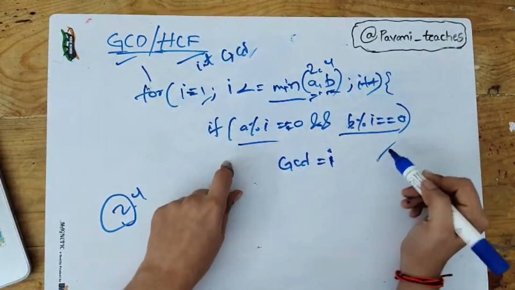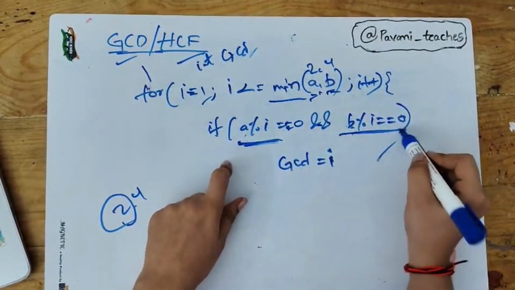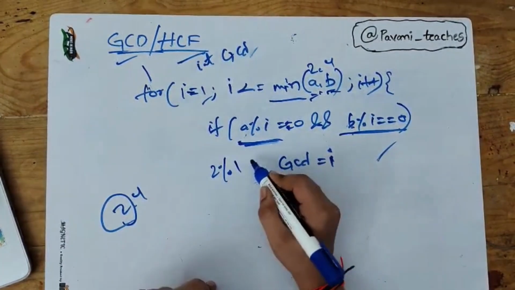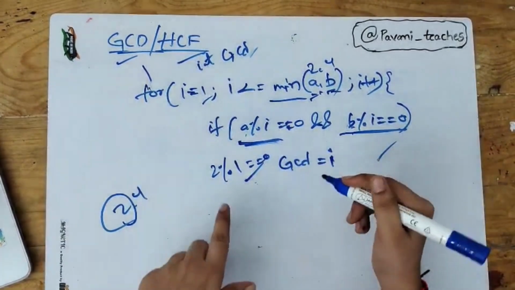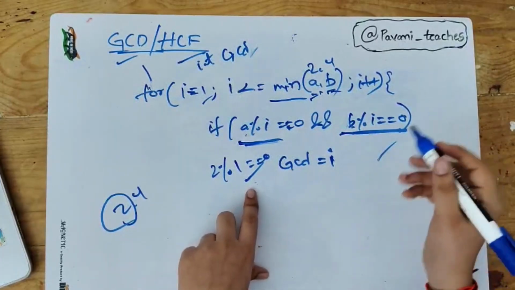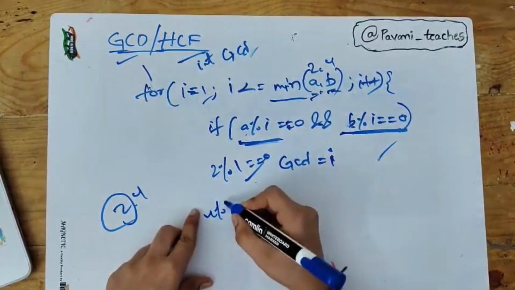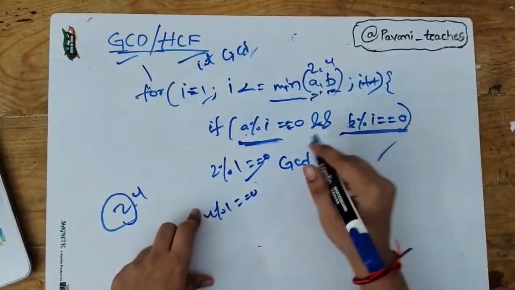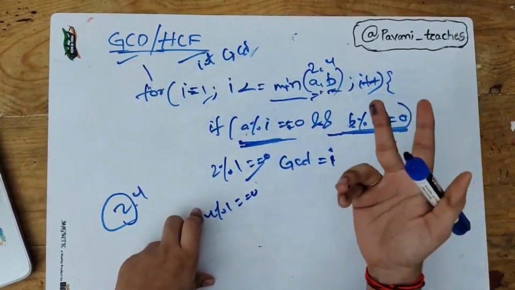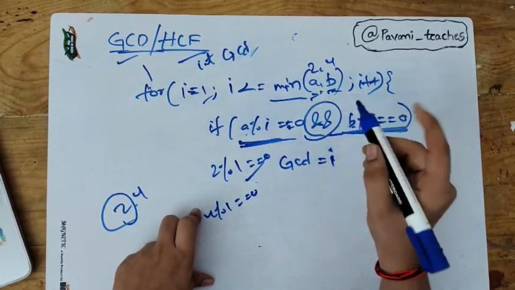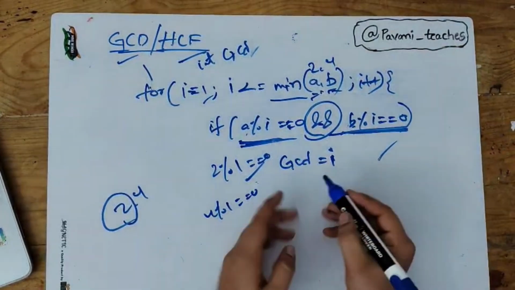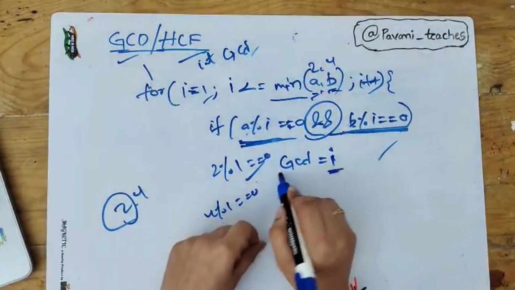Then it will go inside the for loop and check this condition, that is if 2 modulo 1 equal to 0, yes it is, and also it will check this one, if 4 modulo 1 equal to 0, yes it is true. These two conditions are true, and in between is the AND operation, that means if both are true, then it will go inside the if. Then it will store the i value in GCD.